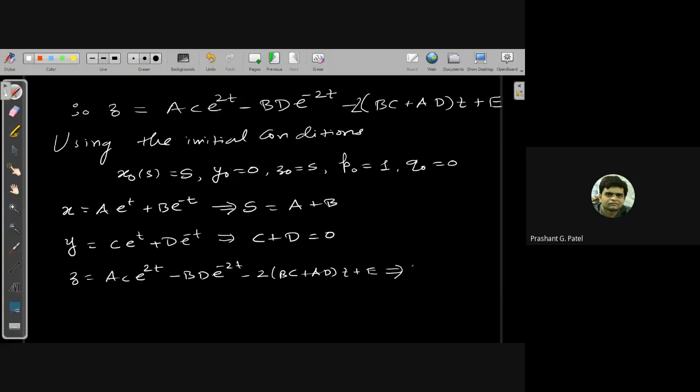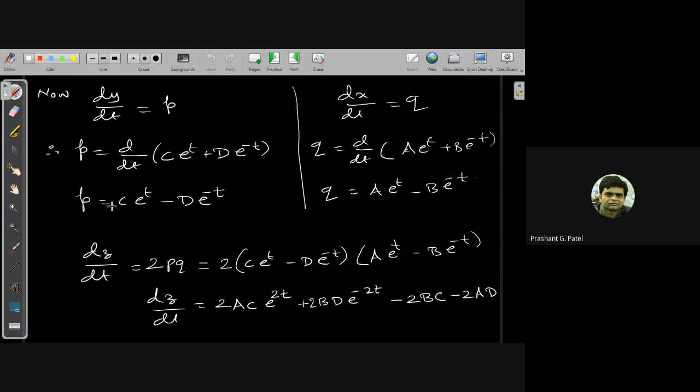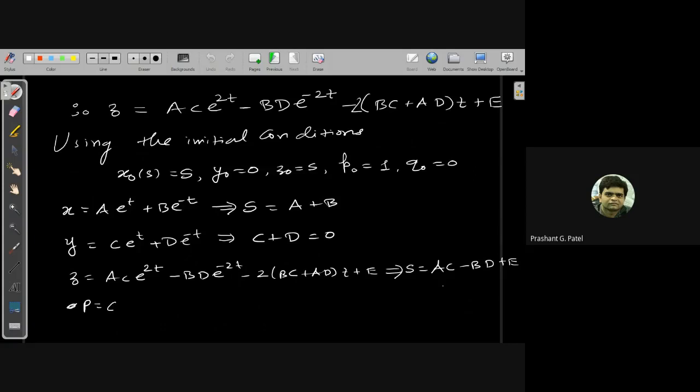At t equal to 0 this term is 0, so s is equal to ac minus bd plus e. Then we have p equal to c e^t minus d e^(-t). If I substitute the value of t as 0, and the value of p is 1, that gives me 1 equal to c minus d.